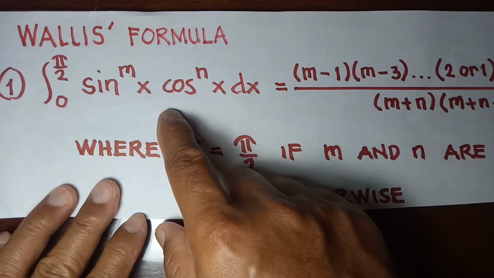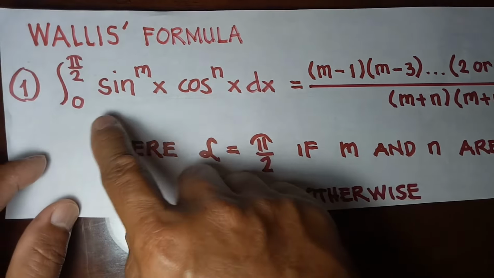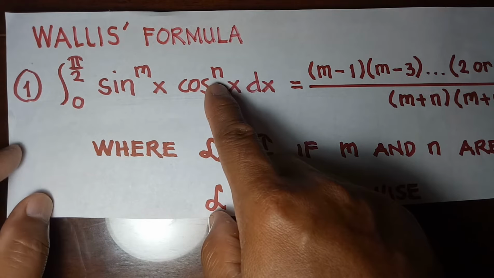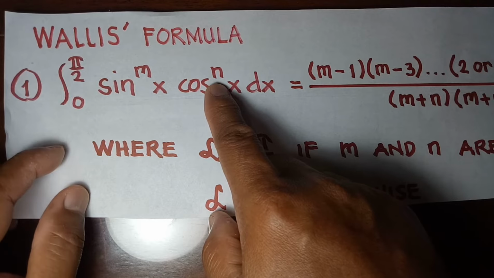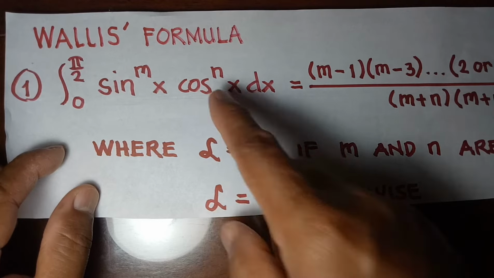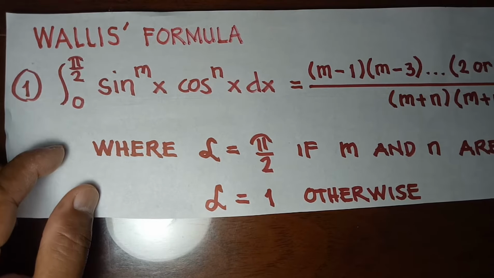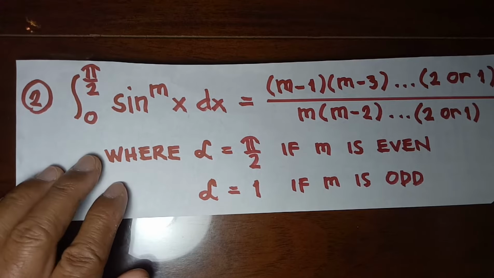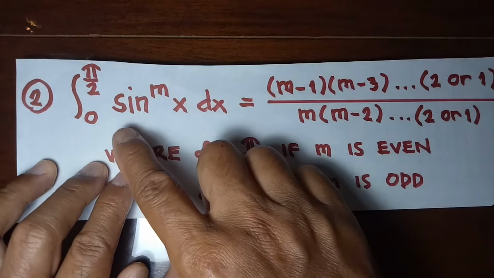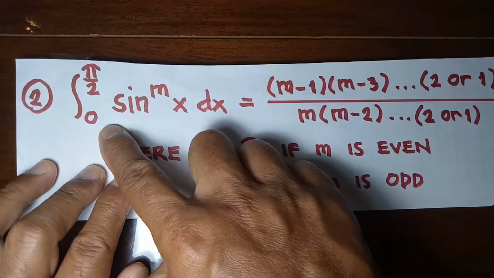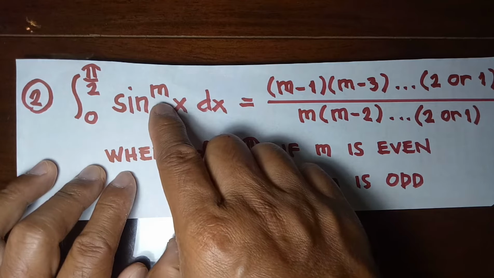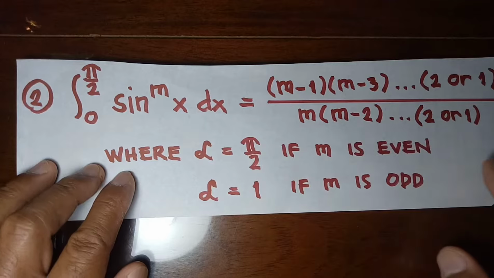Okay, so sa formula number 1 na ito, if n equals 0, this equation will resolve to this equation, so tatawagin natin siyang equation number 2. Integral from 0 to pi over 2 of sine raised to m of x dx.